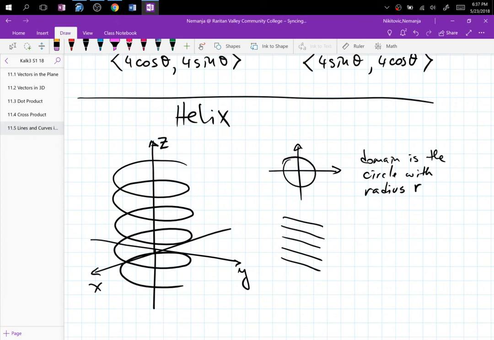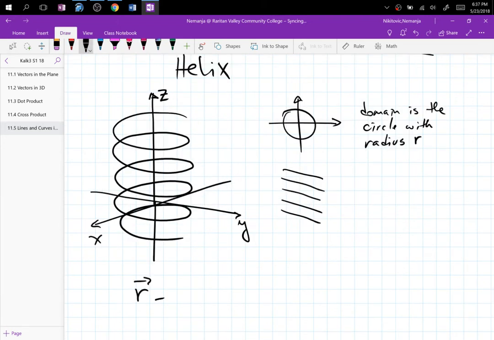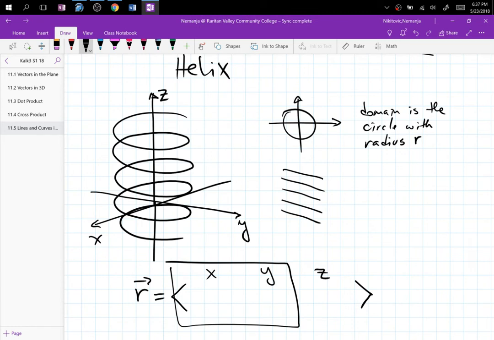So now, if I am trying to write the equation, I have my spot for x, my spot for y, and my spot for z. Well, xy creates the domain, and that domain is a circle.